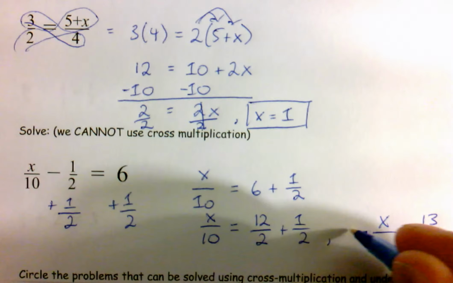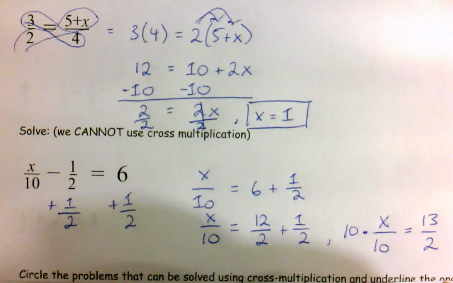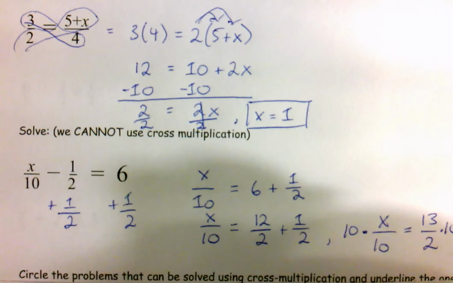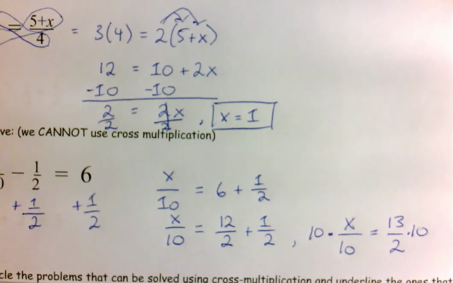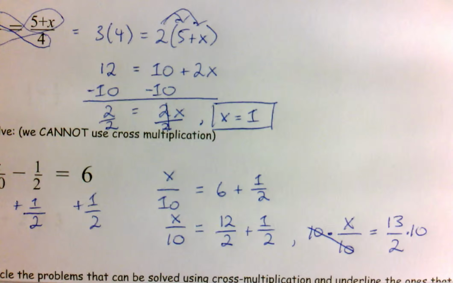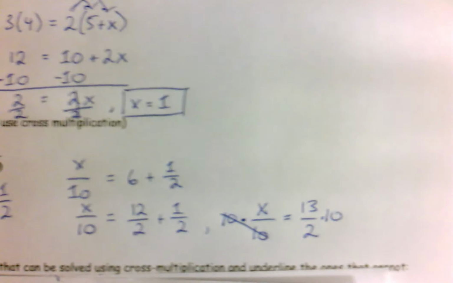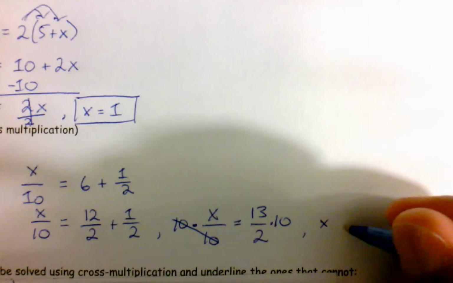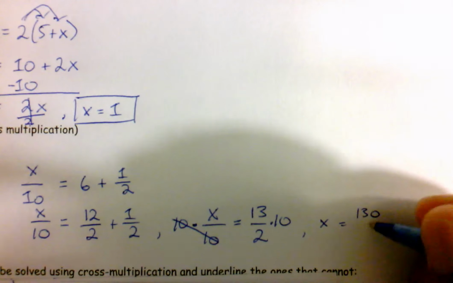So I multiply by 10 on the left, and then I multiply by 10 on the right, my 10's cancel. 10 times x divided by 10 is just x. And then 13 times 10 is 130 divided by 2. So I have x equals 130 divided by 2.